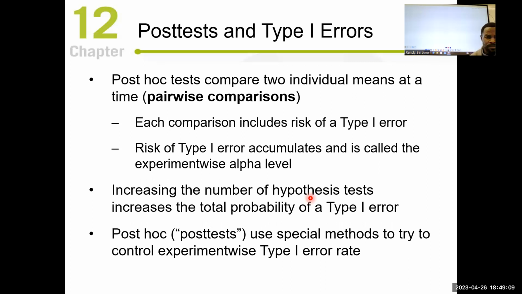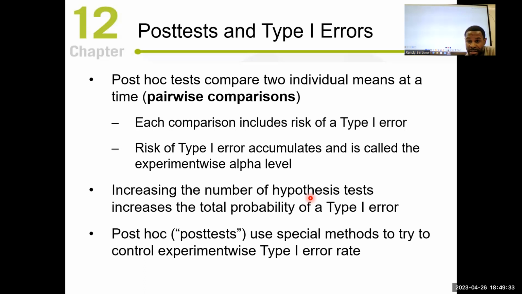All right, post hoc test. They compare two individual means at the same time, so that gives us an opportunity for error. Each comparison includes that risk of type 1 error. And when we do more and more tests, just like we talked about with doing individual t-tests, we increase the likelihood that we're going to get a type 1 error.